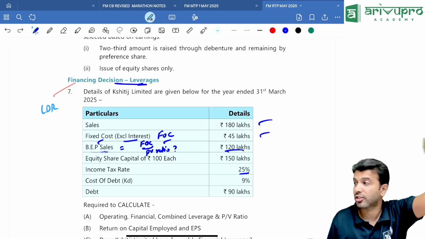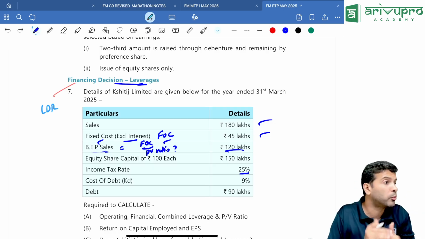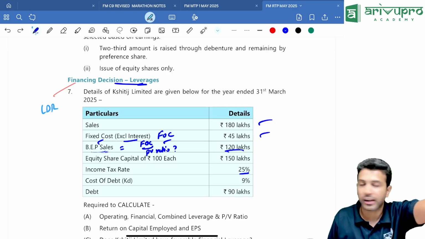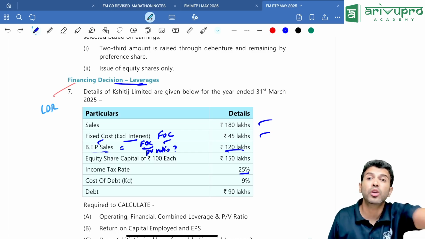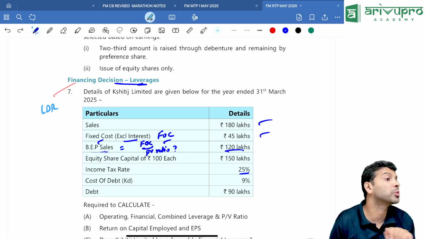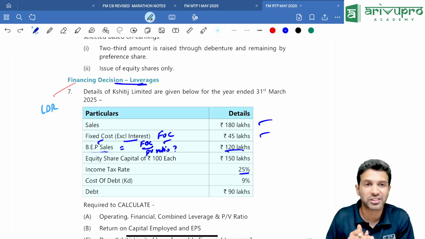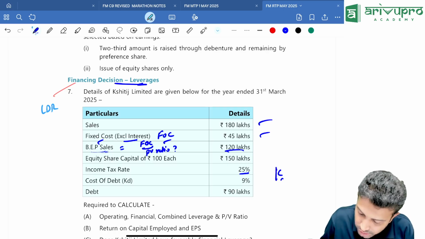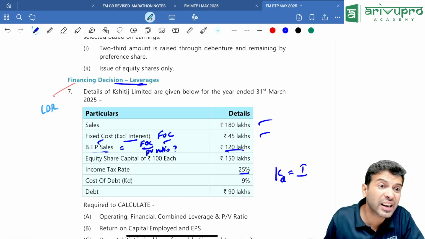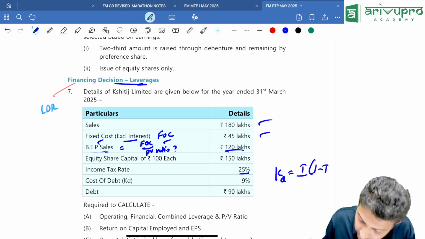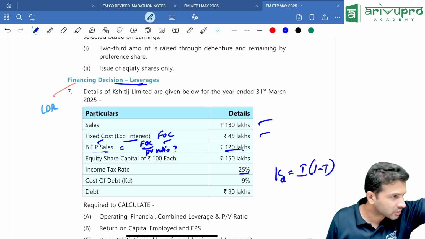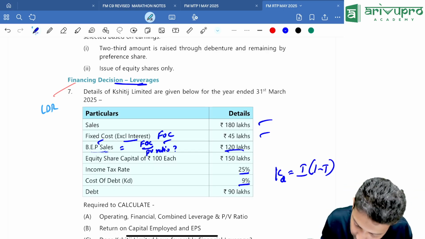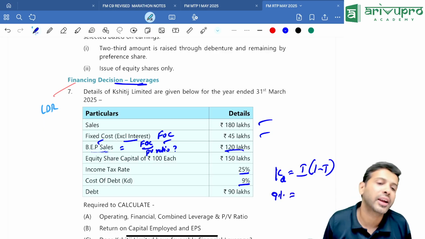Cost of capital is always expressed after tax. There was a shortcut formula to find cost of debt: interest rate into 1 minus tax rate. Now, cost of debt is given in the question to be 9%.